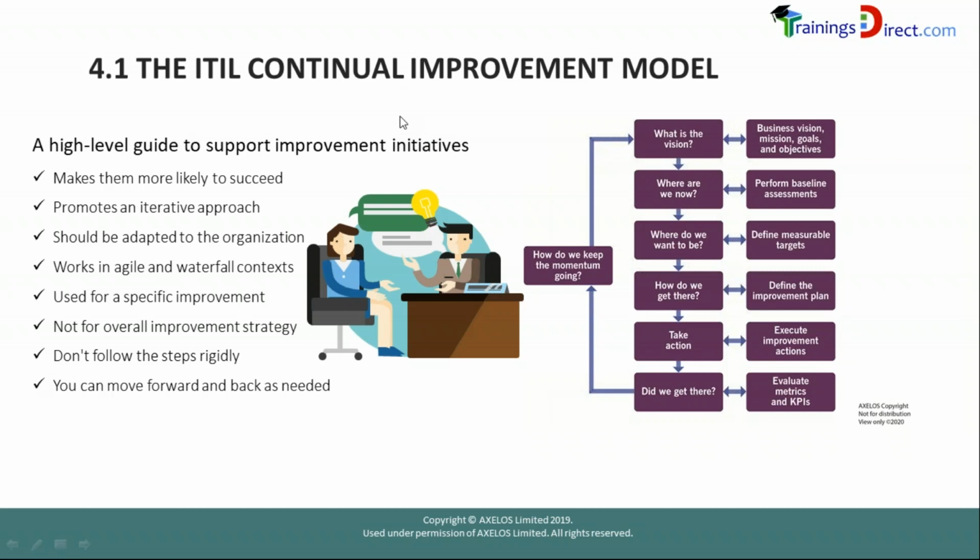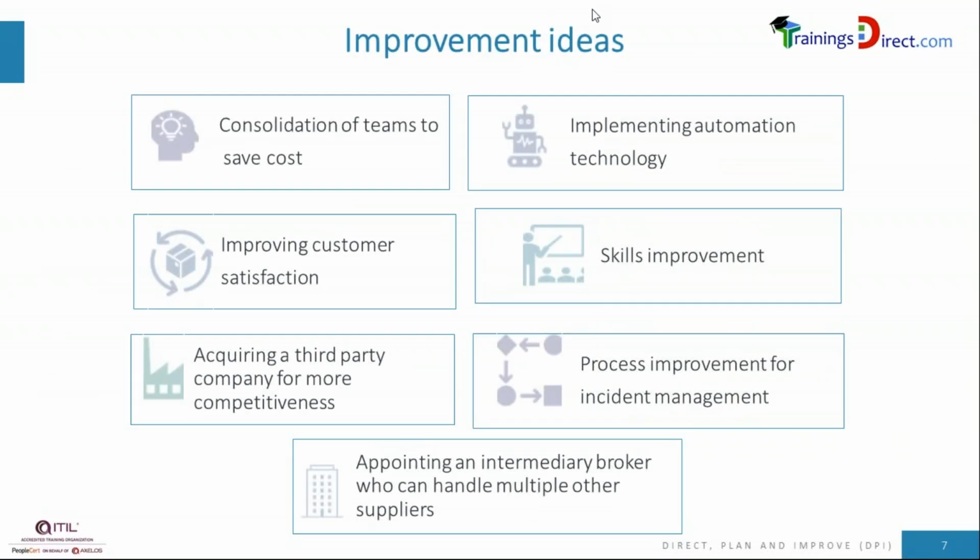Let us look at some examples of possible improvements before we go down to those steps. Consolidation of teams to save cost. Maybe certain functions can be combined to save cost of resources, people resources or procedural resources. Processes can be optimized as well when teams are combined.